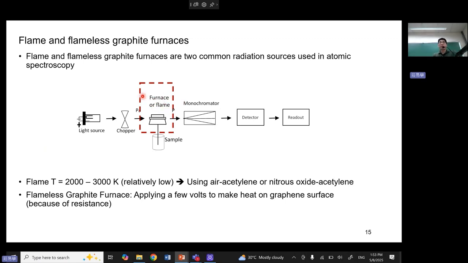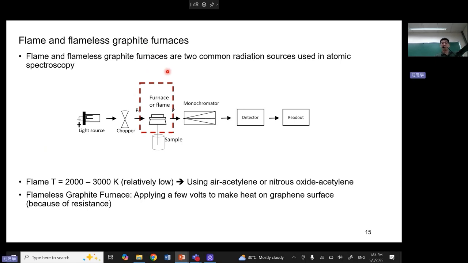So for FAA, it would be a flame or a fire. How about flameless? In GFAA, what is the energy source? To generate heat, you can use flame. Alternatively, in the case of flameless GFAA, what could be the energy source?